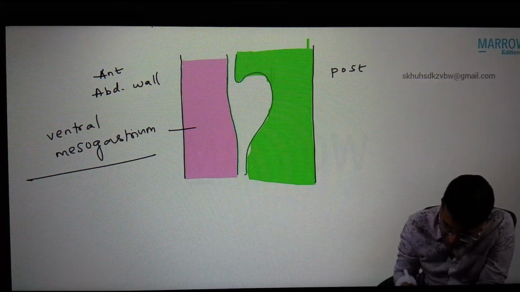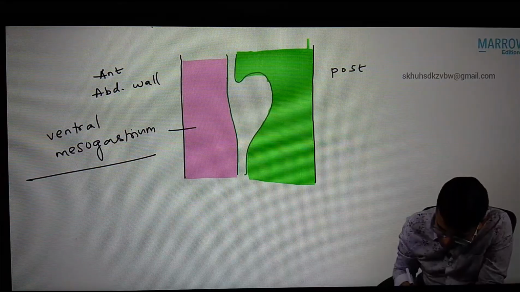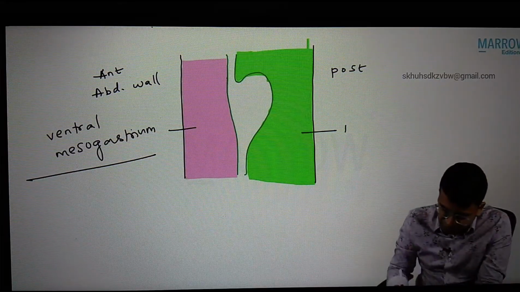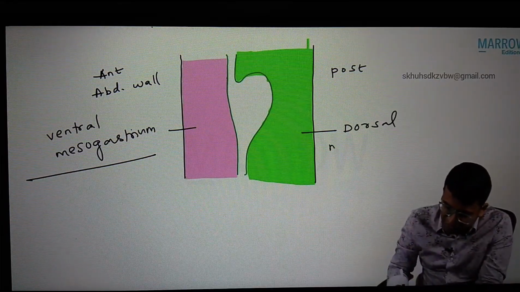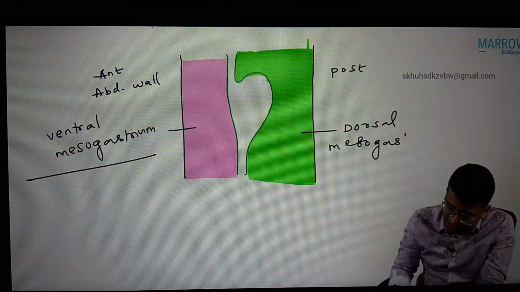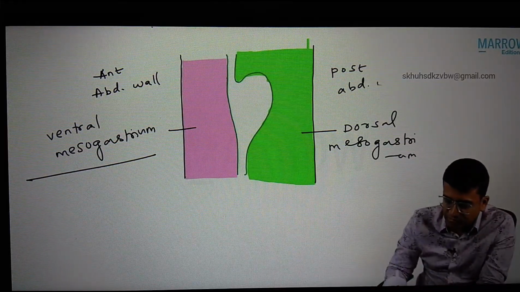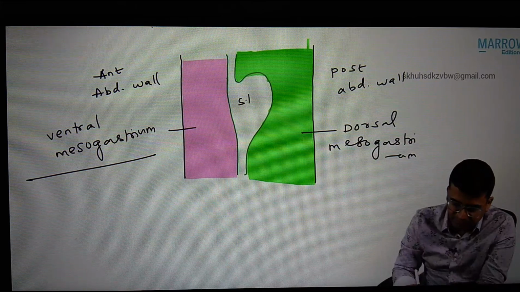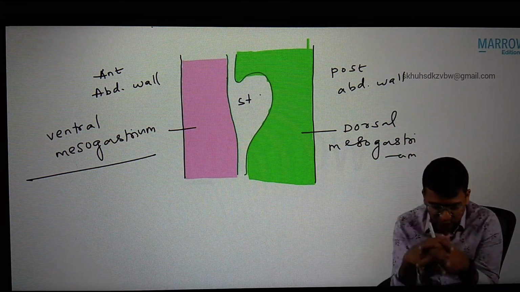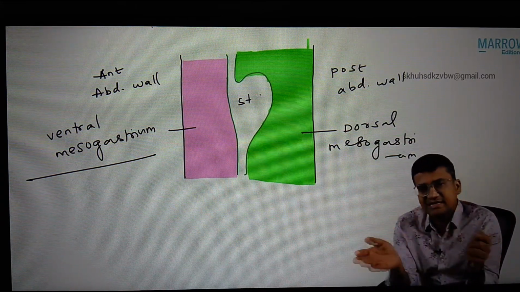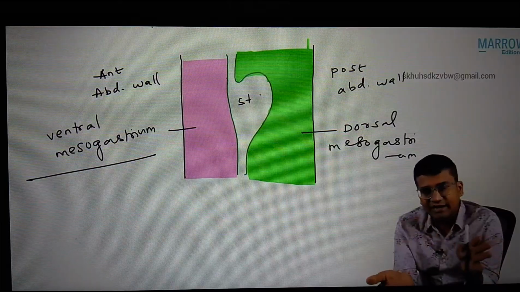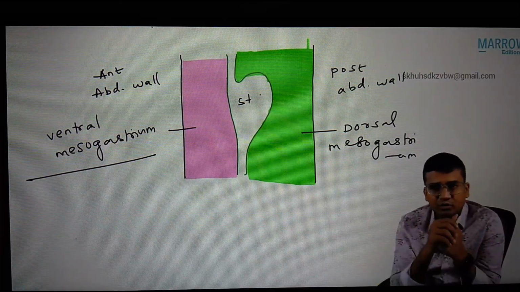So this is our dorsal mesogastrium. Dorsal mesogastrium connects the stomach to the posterior abdominal wall. Now this is stomach tube. So now we have peritoneal fold in the front side and back side, connecting the stomach to the anterior abdominal wall and the posterior abdominal wall.